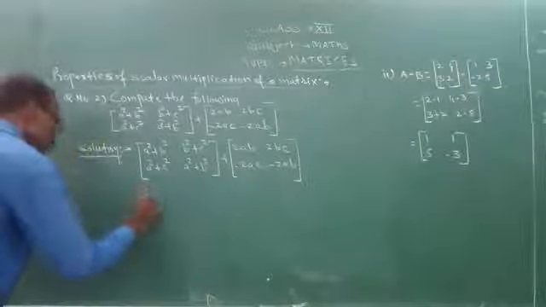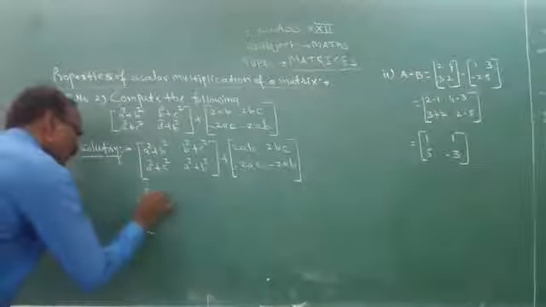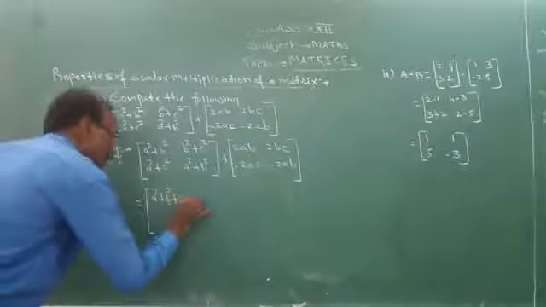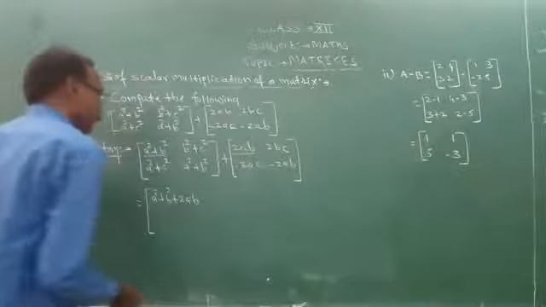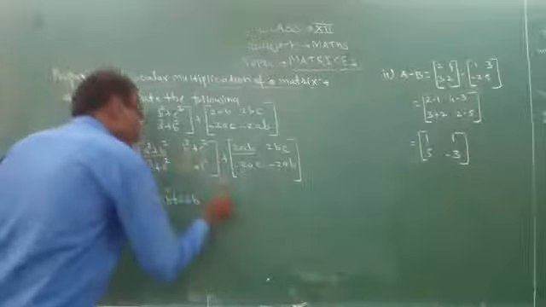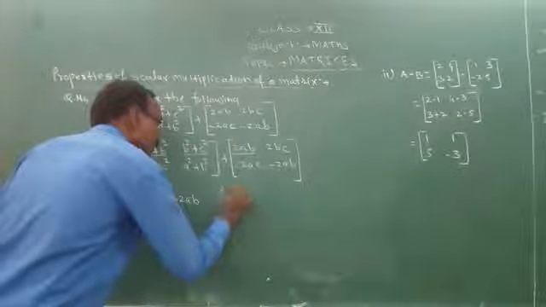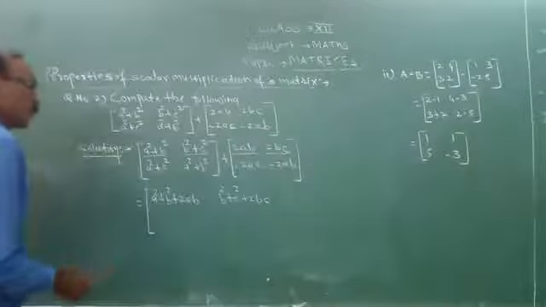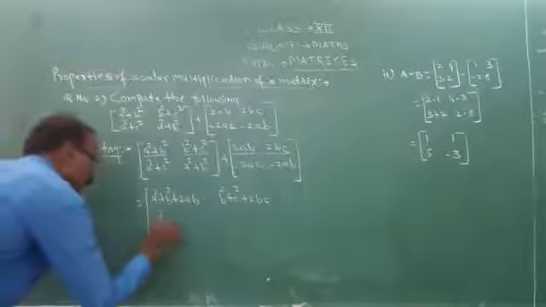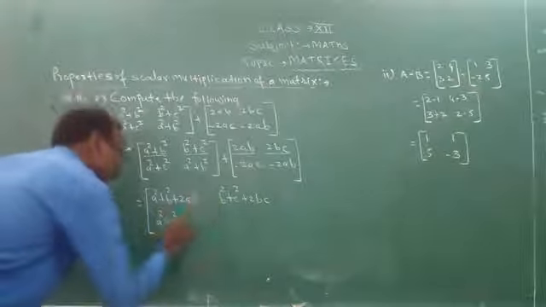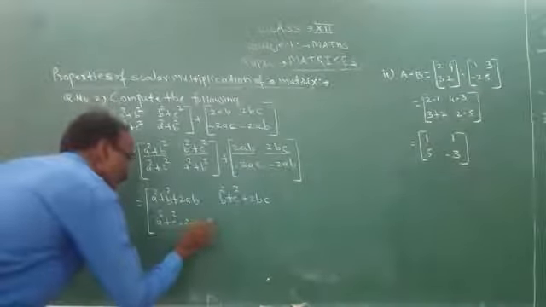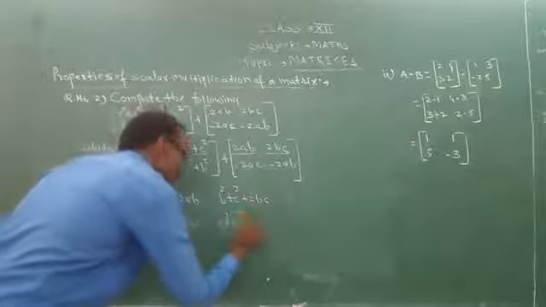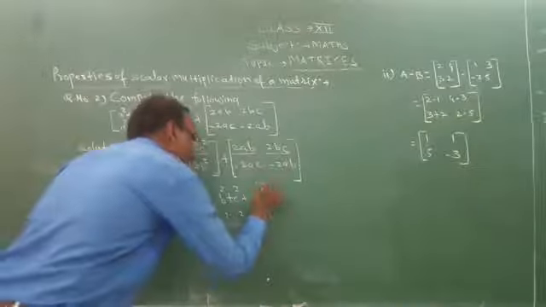So that is equal to a square plus b square plus 2ab, then b square plus c square plus 2bc, then a square plus c square minus 2ac, then a square plus b square minus 2ab.